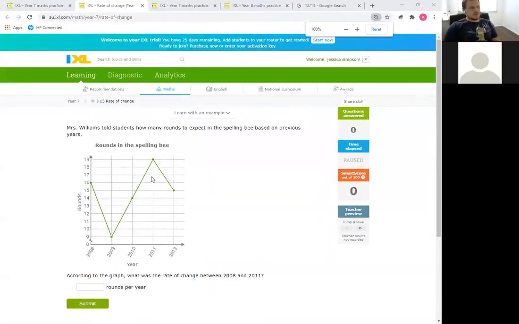So this is the last topic for ratios. Okay, share the screen first. Okay, so we're looking at this graph here.